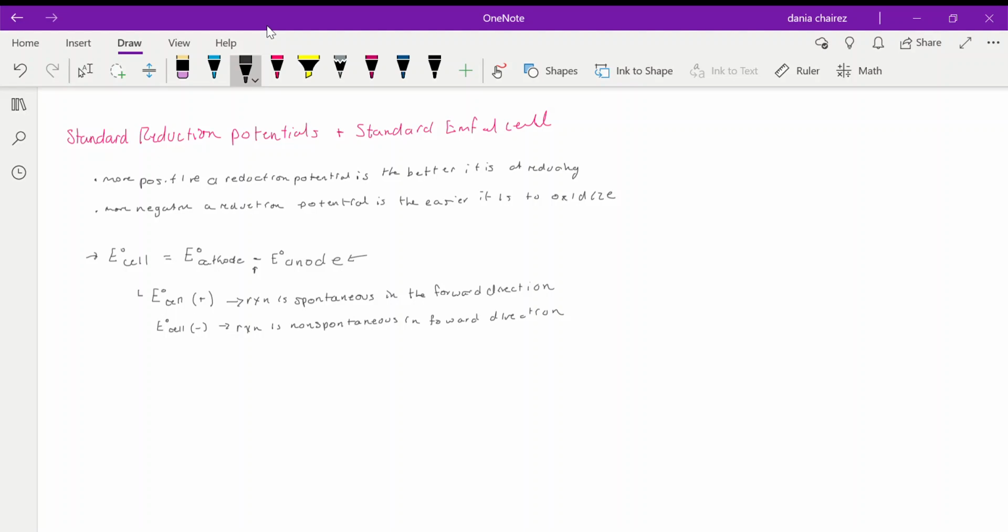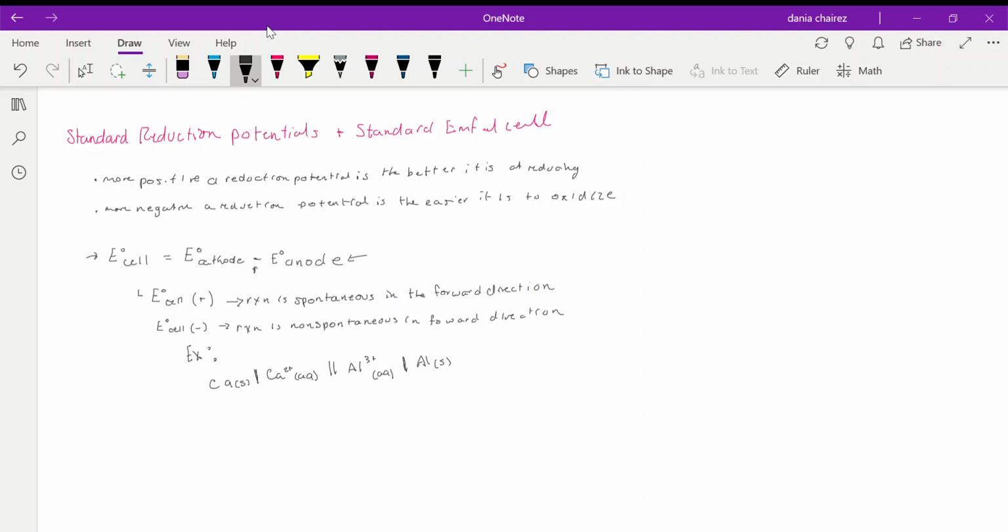So for example, we have the cell diagram that calcium solid oxidizes to calcium ion, salt bridge, aluminum ion, aqueous, reduces to aluminum solid.